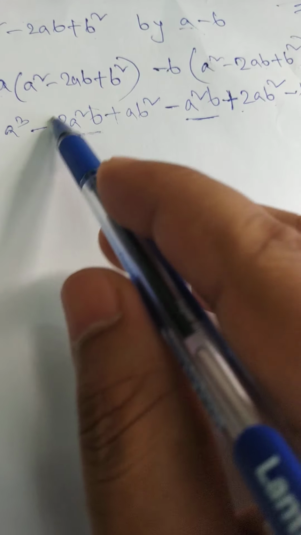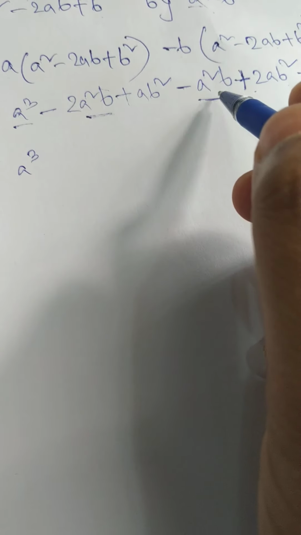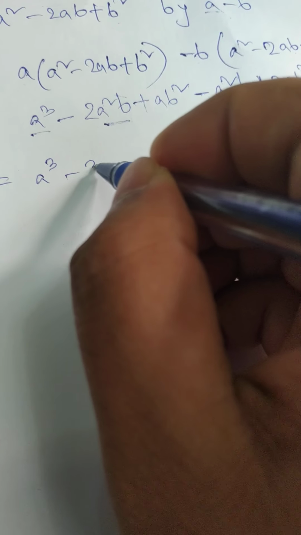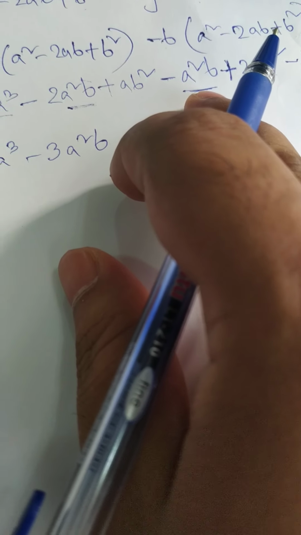This is 2a square b, this is 1a square b. So first we write a cube as it is, then minus 2a square b minus a square b, we can write minus 3a square b, because over here there are 2a square b and here there is 1a square b.